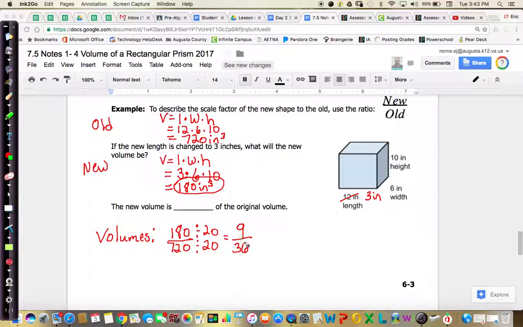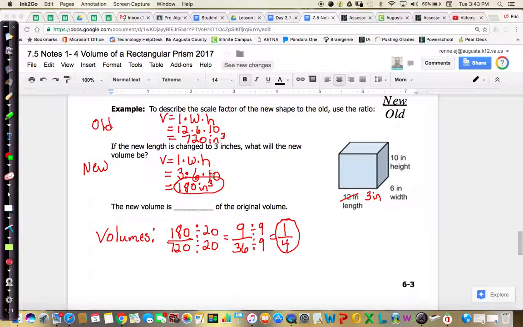Now, think of a number that can go into 9 and 36 evenly. Hopefully, you thought of 9. So I can divide 9 divided by 9 is 1. 36 divided by 9 is 4. So the scale factor is 1/4.